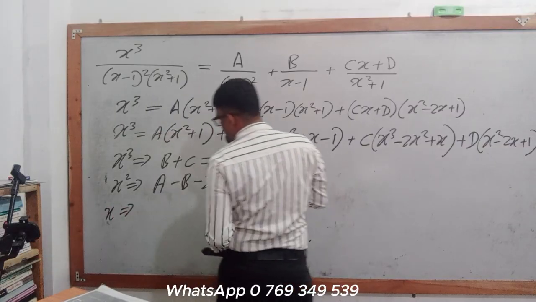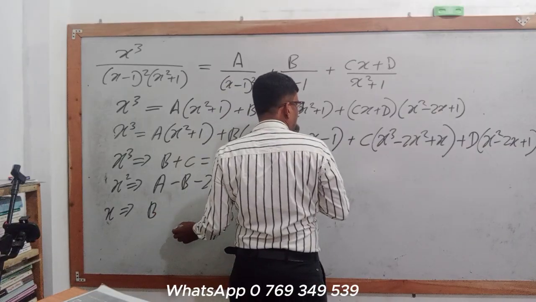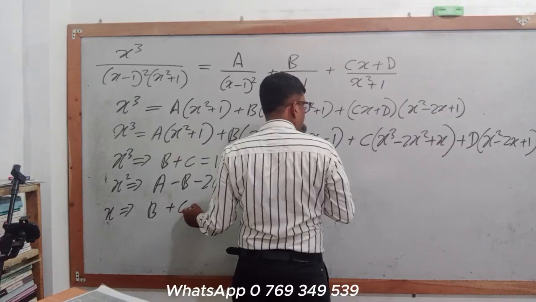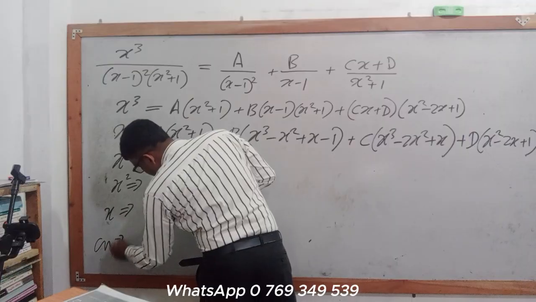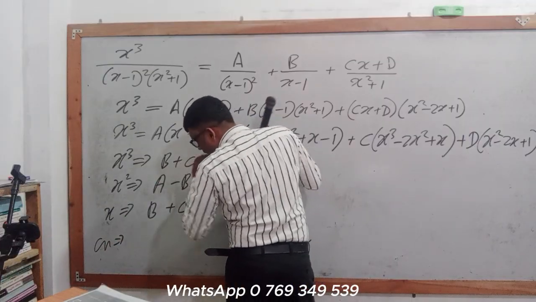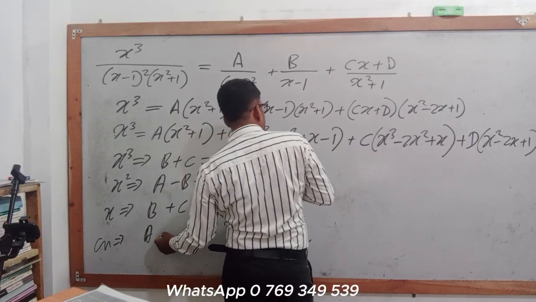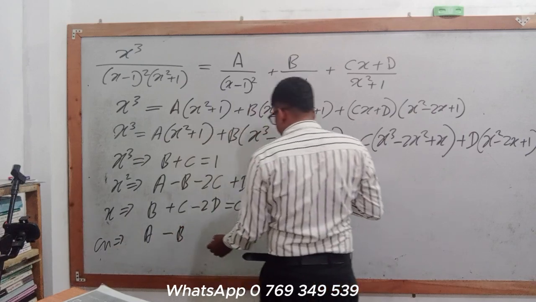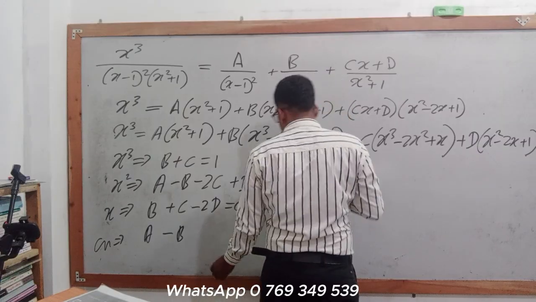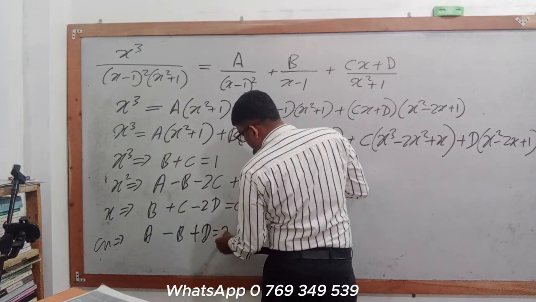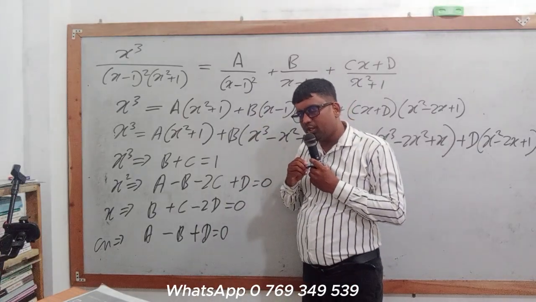And x: B plus C minus 2D. Constant: A minus B plus D equals 0, right? And we have four simultaneous equations, right?